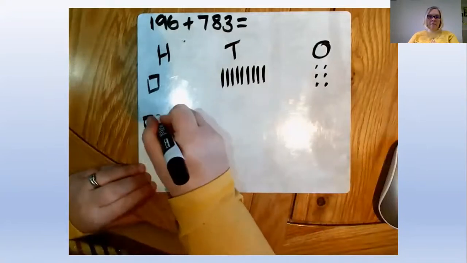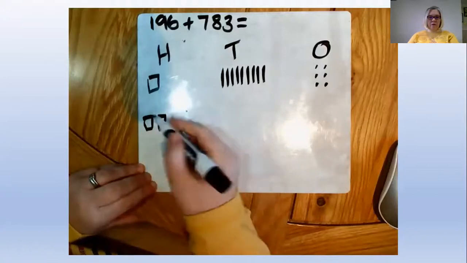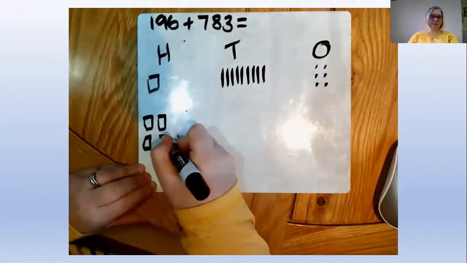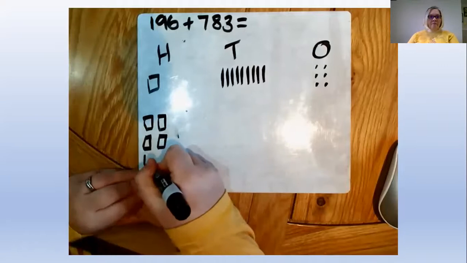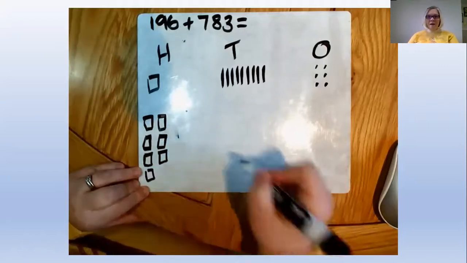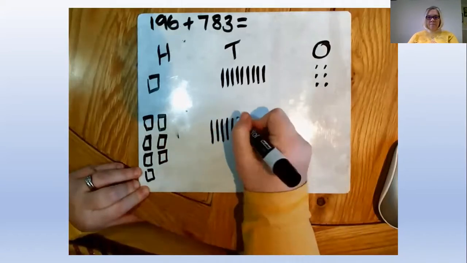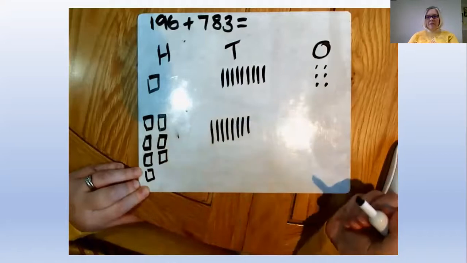I've got 700. Ooh, no, I'm going to write that out better. There we go. My 700s. I need another 8 tens. And I need my 3 ones.